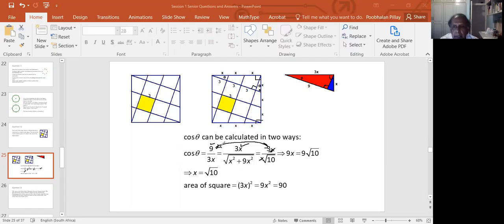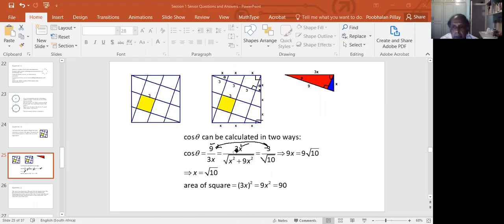So if you cross multiply, 9 times root 10 is equal to 3 times 3x. These x's have disappeared. Right? They cancel. Let me just take it out for clarity. So that x there is out.